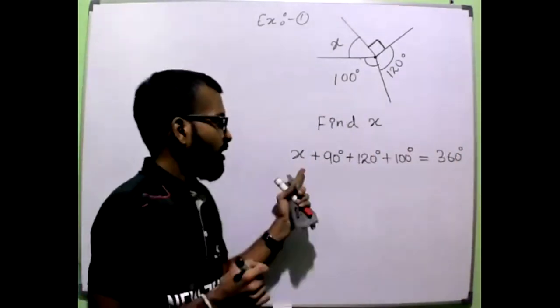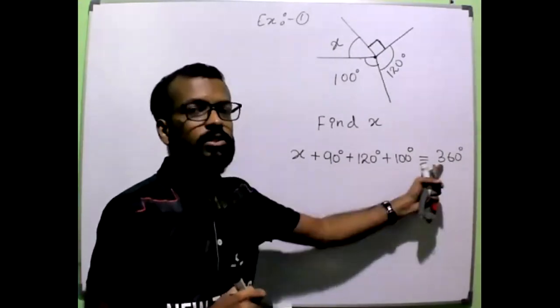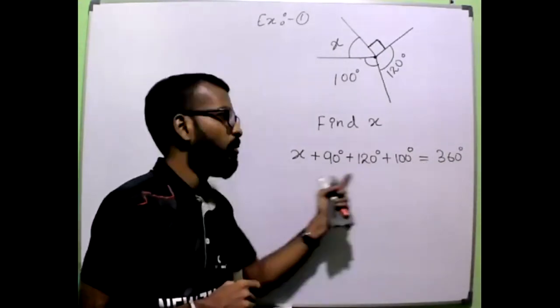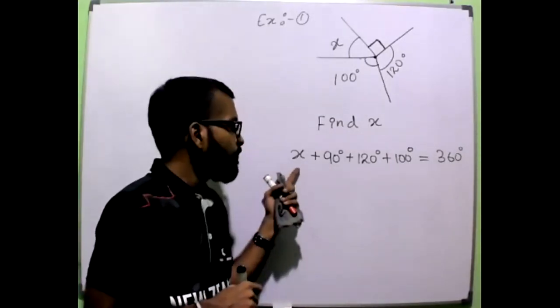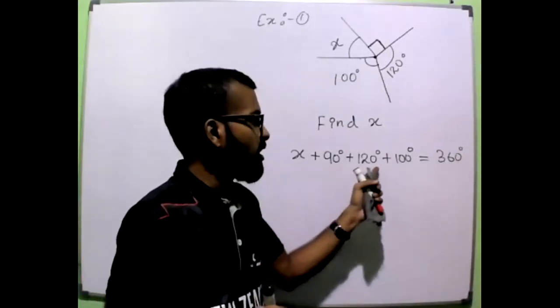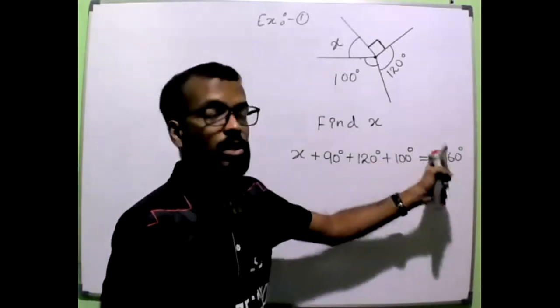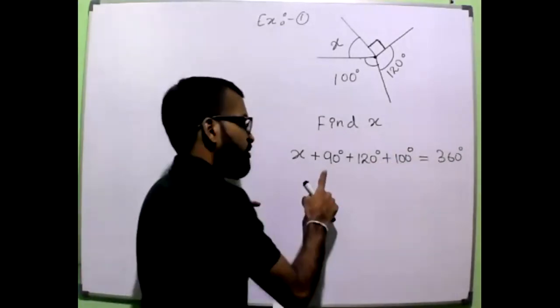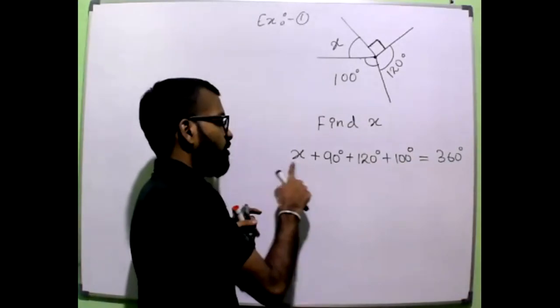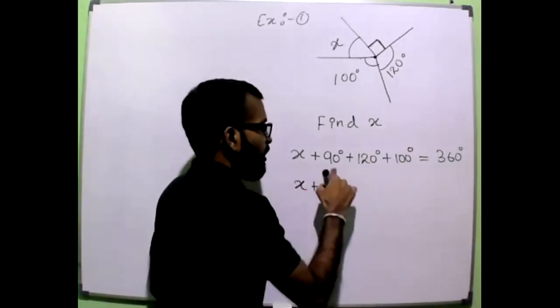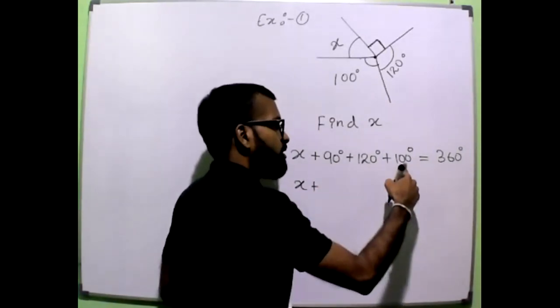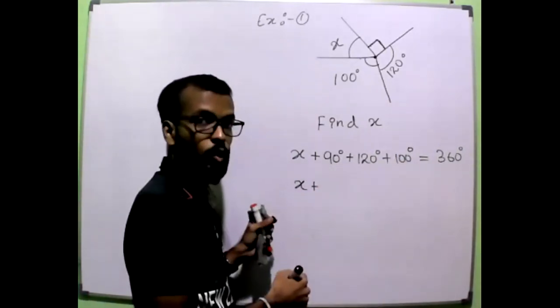Now you are familiar with this equation formula. So this is the equation: x plus 90 plus 120 plus 100 equals 360. Here you have to find x. Before that, you have to add 90 plus 120 plus 100 together.